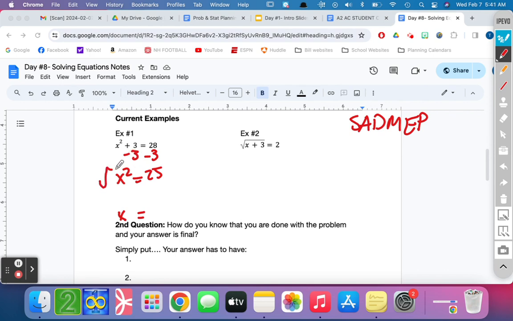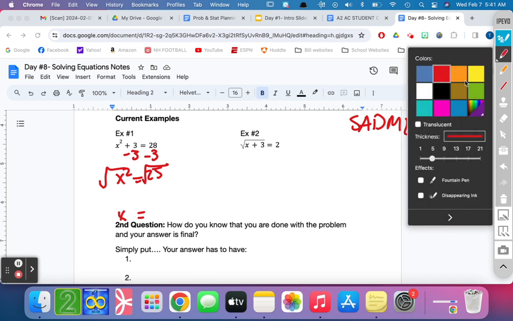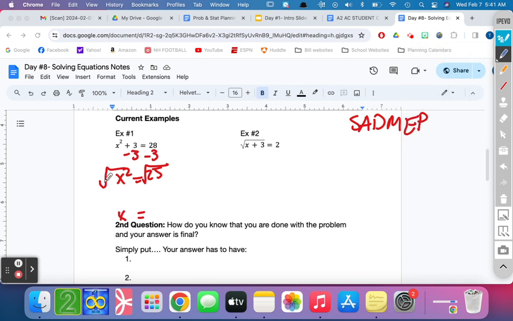So I'm going to physically draw that square root symbol because, ready? That square root symbol and that squared, they cancel each other out. Because what I'm really doing is x squared, and the root part is the same as raising it to the 1/2, and 2 times a half, like our exponent properties, gives us x to the 1 because the 2's cancel out.